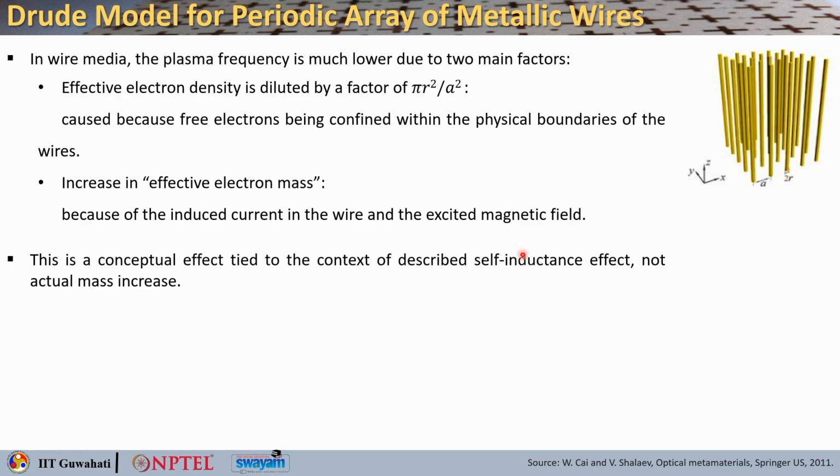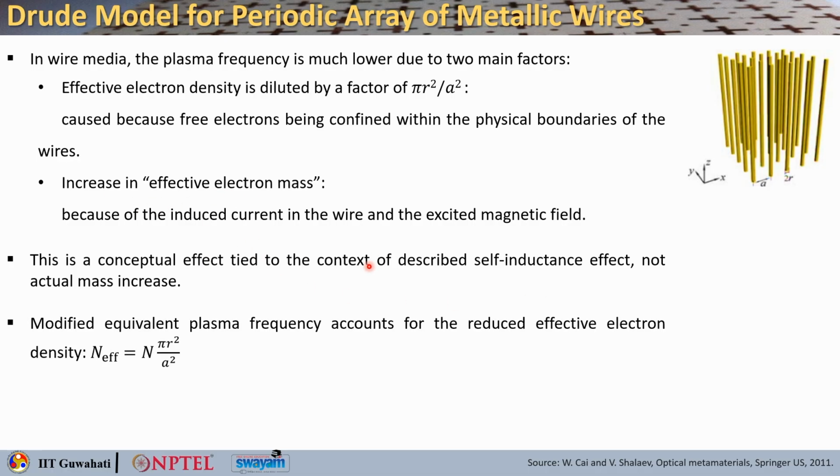The self inductance in the metallic wires acts to oppose the rate of change in the current, which is a direct result of Lenz's law that we all know. This is a conceptual effect tied to the self-inductance, not an actual mass increase. So, you can think of it as an increase in the effective electron mass.